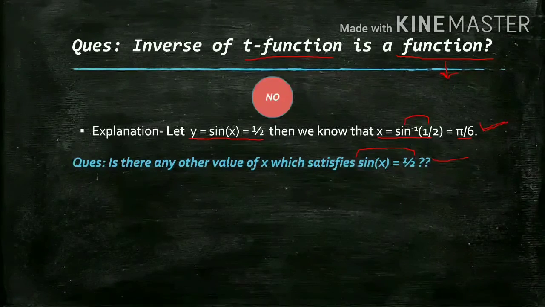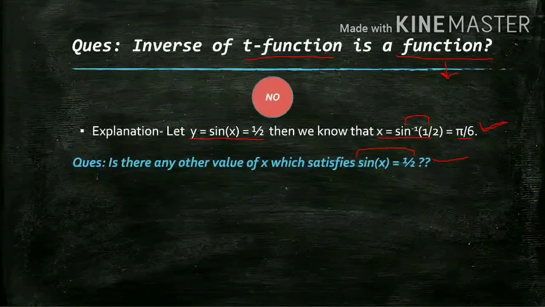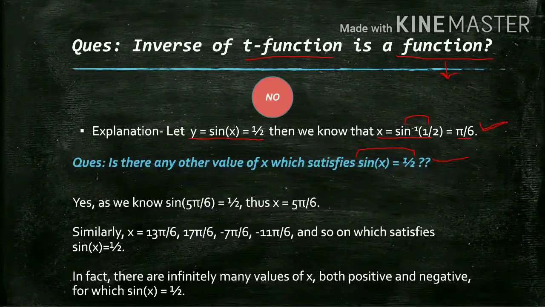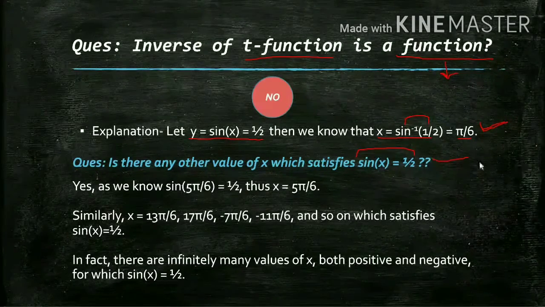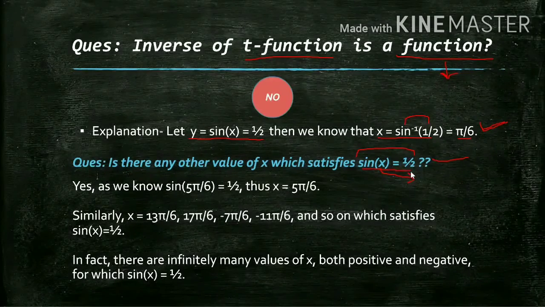Please just think before you answer. In case you don't know, let me reveal the answer. Well, yes, there are other values of x possible other than pi by 6 which can satisfy this equality.